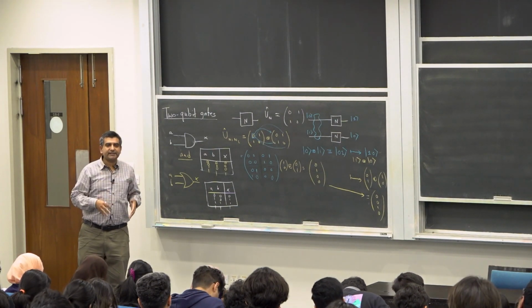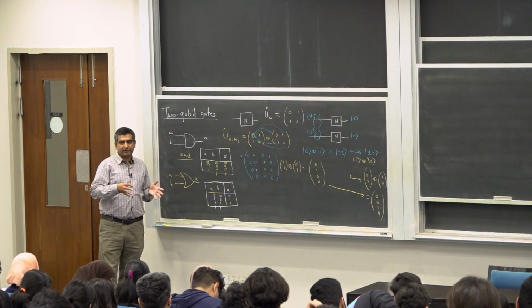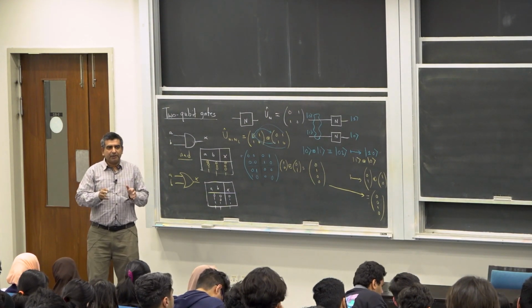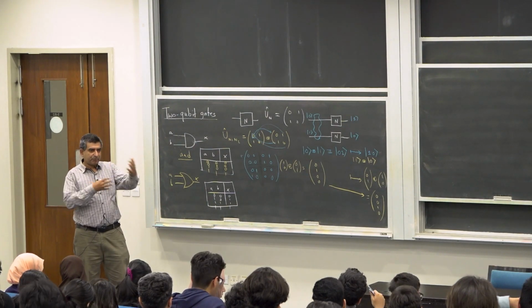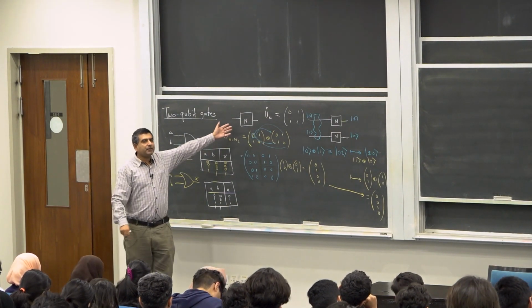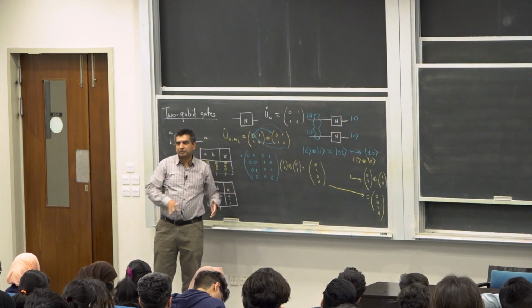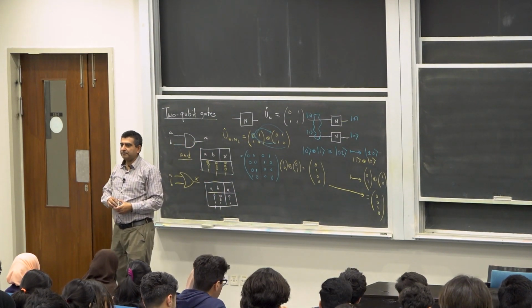So all of these gates have certain truth tables, certain definitions. All right, so this is what we mean by a gate. You have certain inputs coming in and you produce an output. In a quantum gate, you have a quantum state coming in and it produces a quantum state as an output. All right.